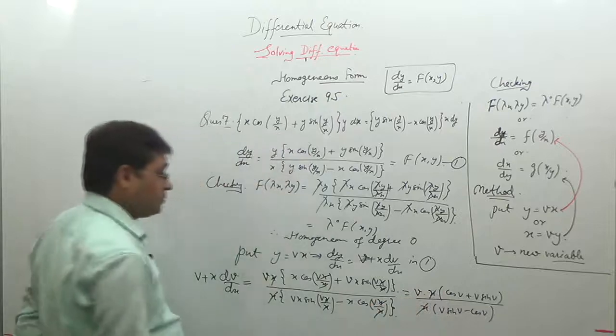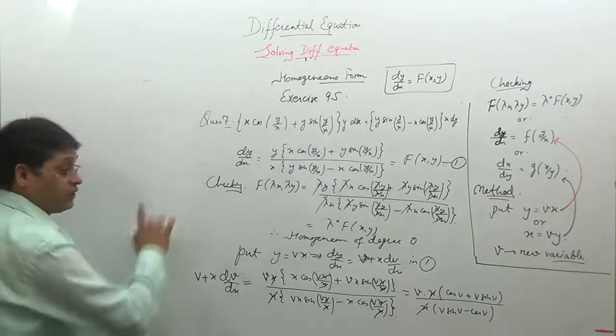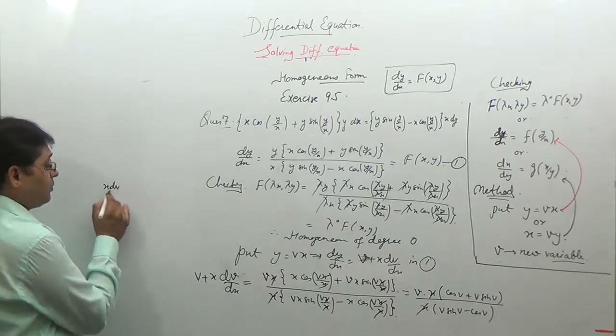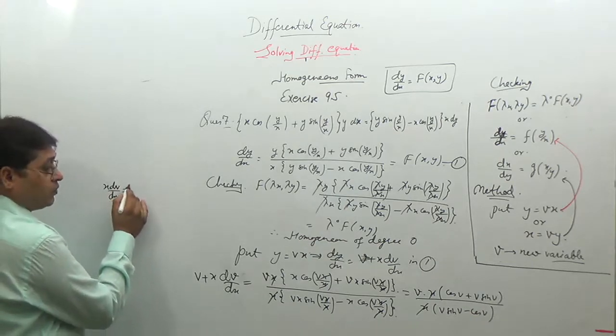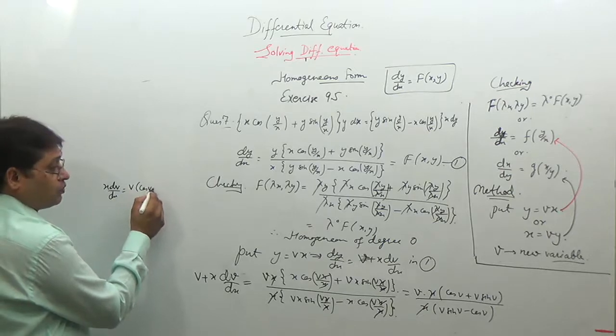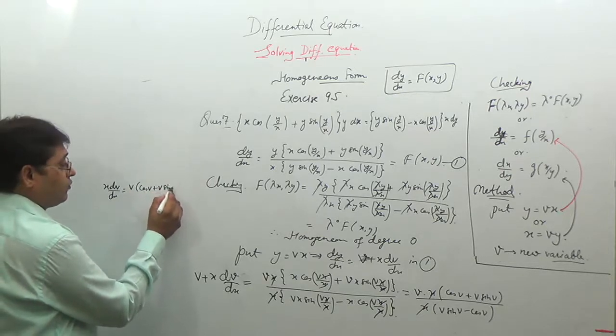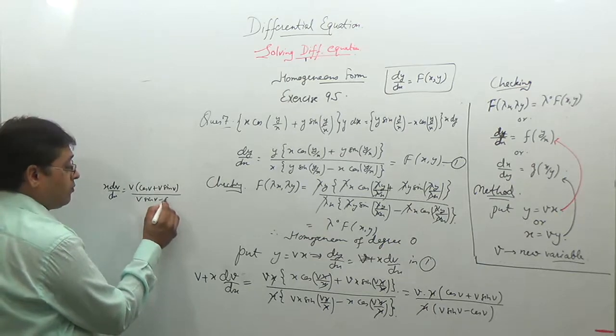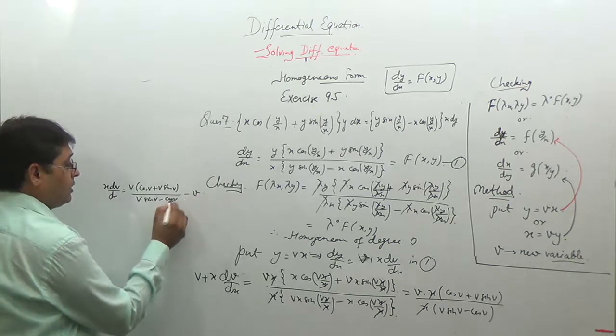Again x is cancelled. Now take v to the right hand side. So you will get x dv upon dx is equal to v cos v plus v sin v upon v sin v minus cos v, minus v.